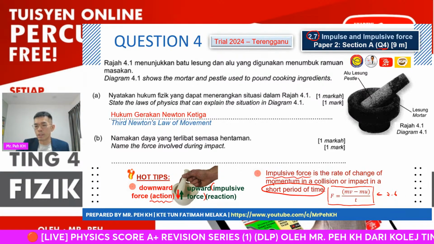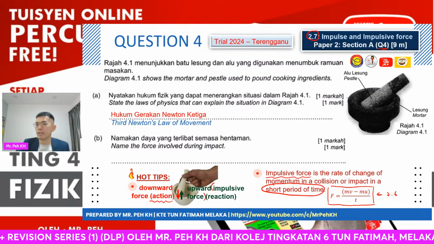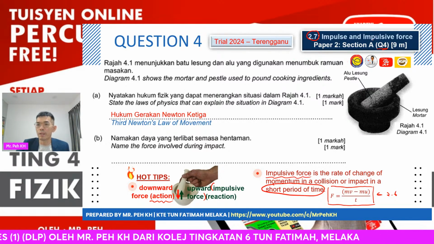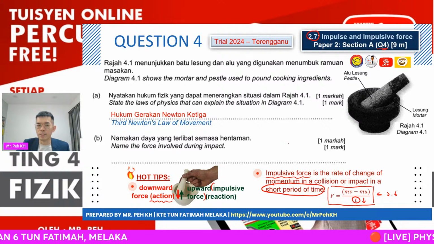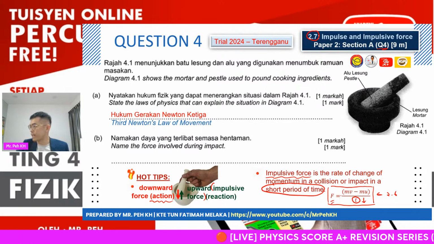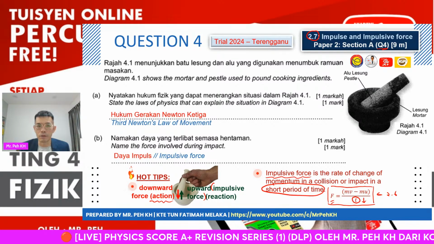It's actually the same formula at 2.7, where we know it as the impulsive force. Just that the time taken is too short in this situation, and we know it as impulsive force. So the answer is very clear: impulsive force.